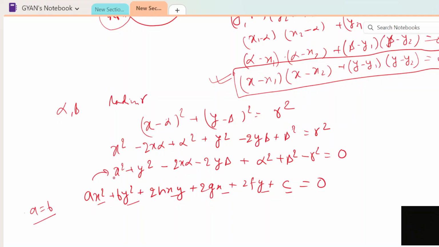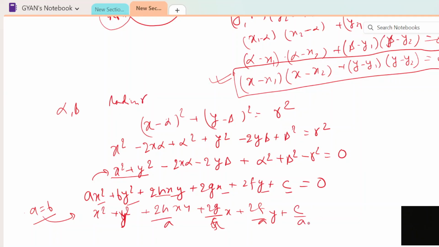Suppose A is equal to B, divide by A. Then this will come: x square plus y square plus 2h xy divided by A plus 2g x divided by A plus 2f y divided by A plus c by A is equal to 0.